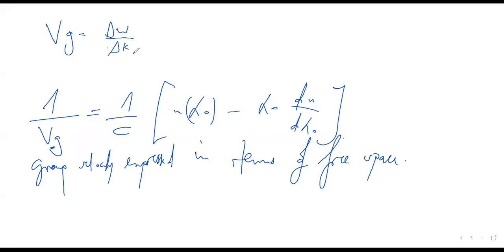If we find the differentials of W and the differentials of K, what do we get? We get to that equation where we have the group velocity expressed in terms of free space. We have n, lambda naught, and dn over d lambda naught. What is that? I highlighted those three in the component definition. What is it?